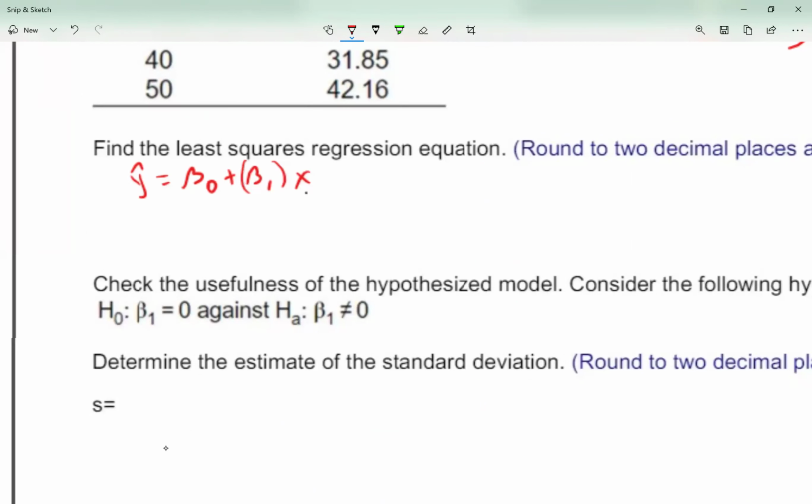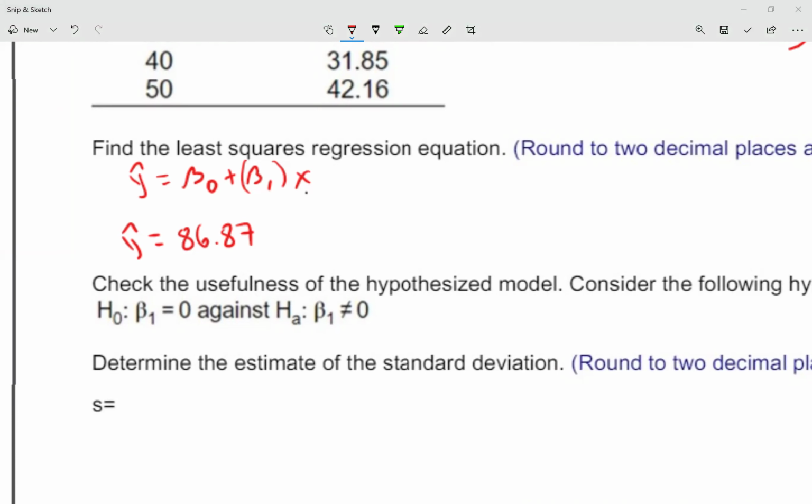I'm going to round to 2 decimal places. Beta 0 was 86.87. My beta 1 was a negative 0.67, so negative 0.67 times x.